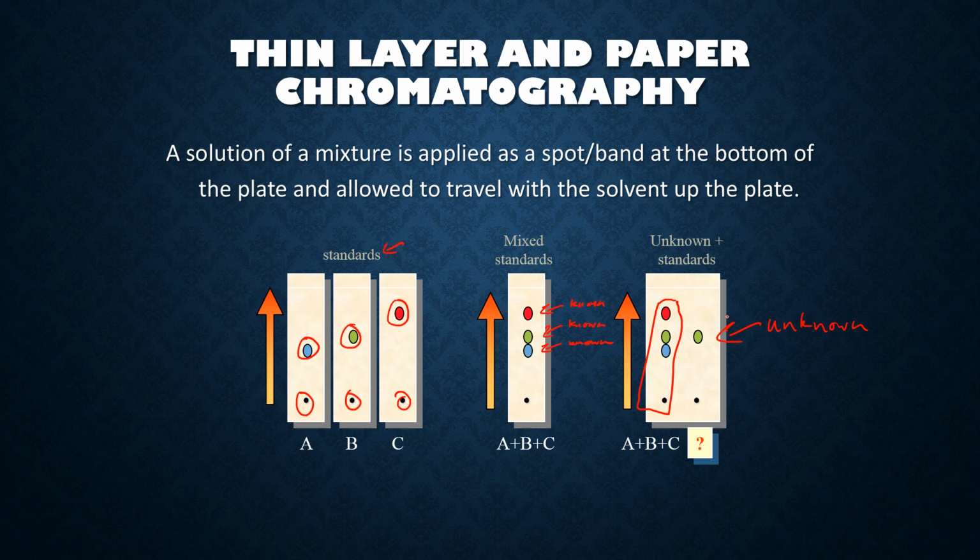Because it migrates to the same distance as our sample of known components, and it runs to the same distance as the green component in the known sample, we can say that this green component in the unknown sample is most likely that same component in the known sample.